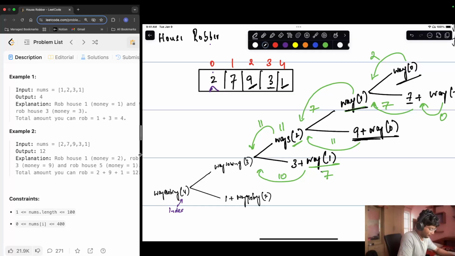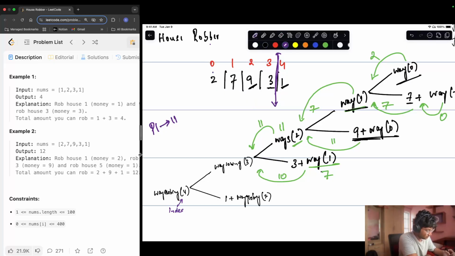Okay, now until house 3, until this particular point, let's look at it visually. What is the maximum profit that I can make robbing the houses until 3, right? I can either pick 2 and pick 9, so for possibility 1, I have a profit of 11, right?